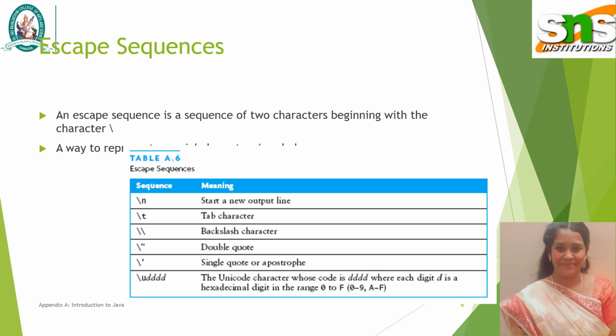The total number of escape sequences in Java is 8, and each is used for a purpose. Backslash t is used for inserting a tab, backslash b for inserting a backspace, backslash n for a new line, backslash r for carriage return, backslash f for form feed, backslash single quote for inserting a single quote, and backslash double quote for inserting a double quote, etc.